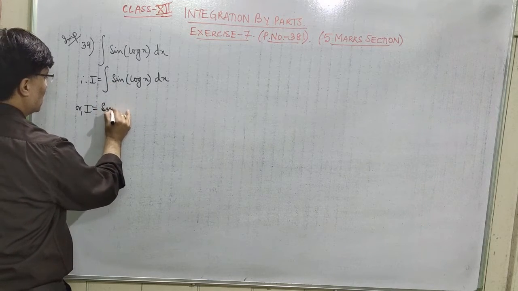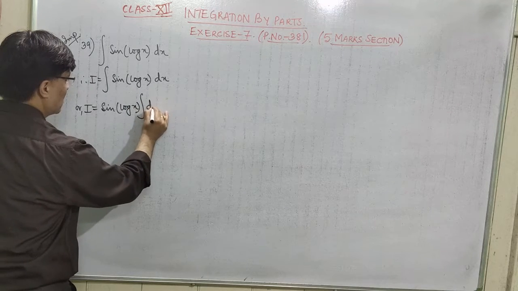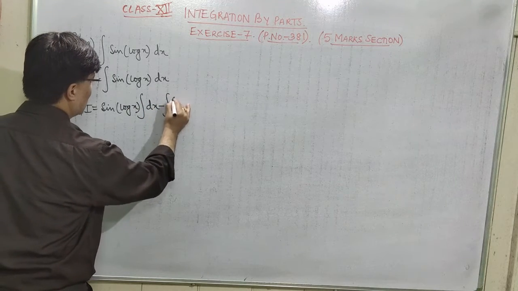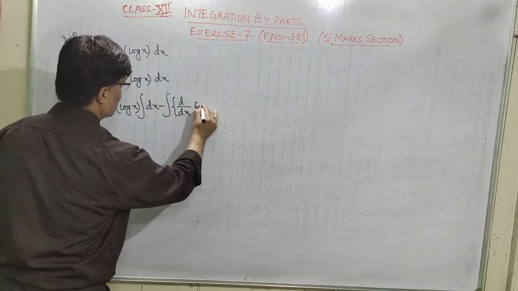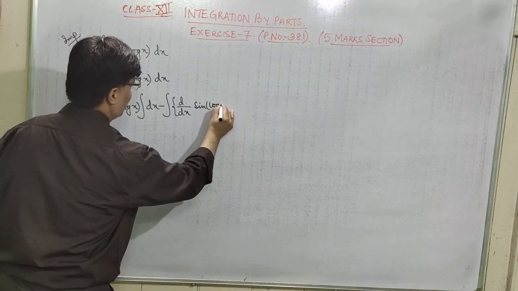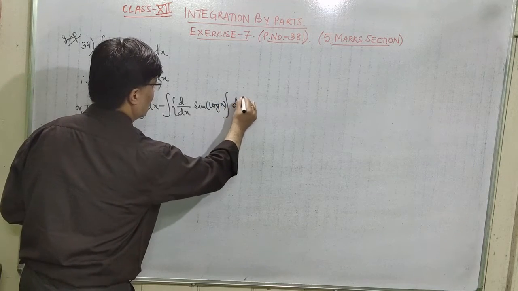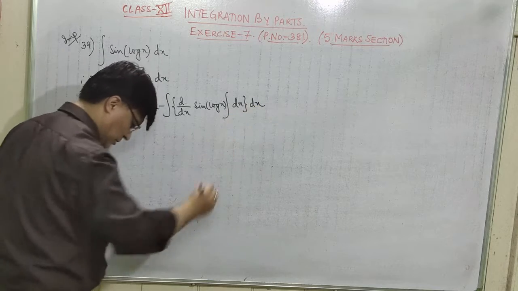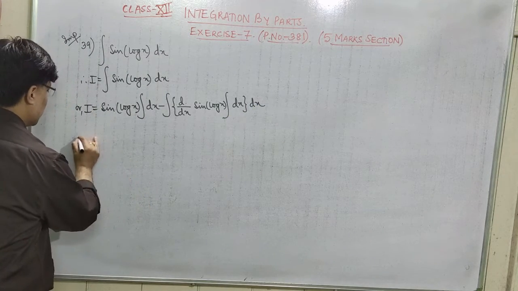Therefore sine of log x is taken outside, integration of dx minus integration of second bracket dy dx of first function, that is sine of log x, integration of dx, second bracket close dx. Clear? So it is integrated by parts.